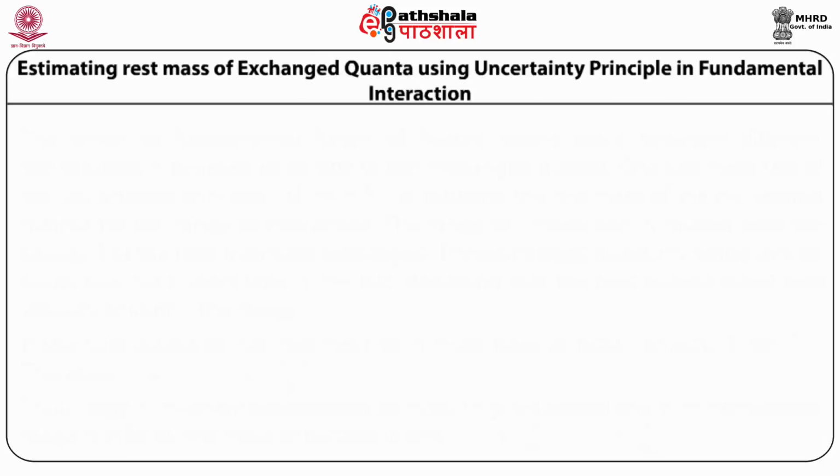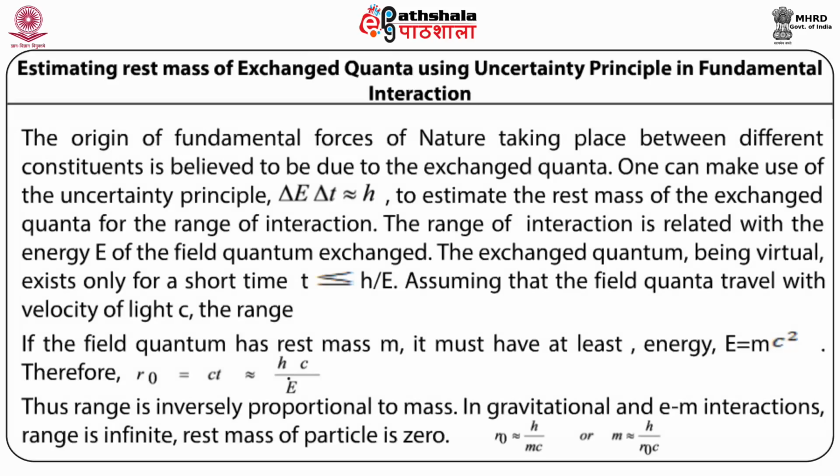Estimating rest mass of exchanged quanta using uncertainty principle in fundamental interactions. The origin of fundamental forces of nature taking place between different constituents is believed to be due to the exchange of quanta.